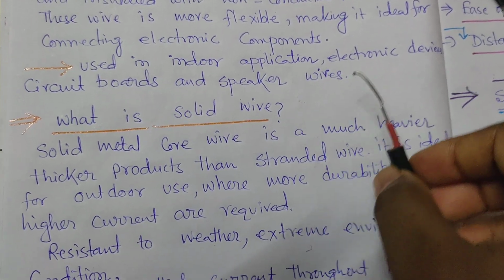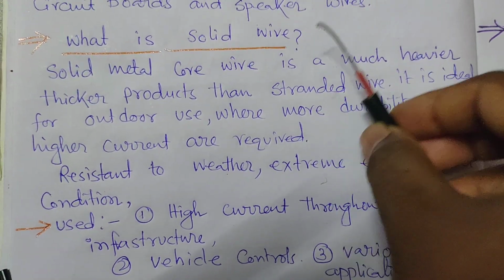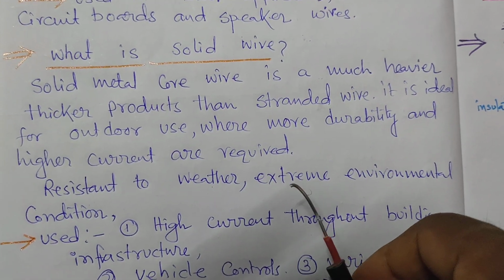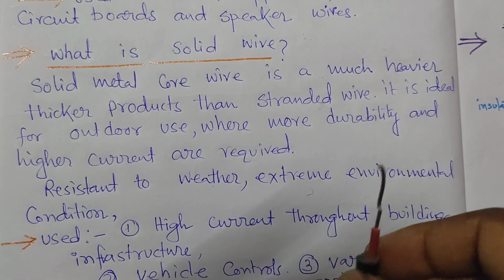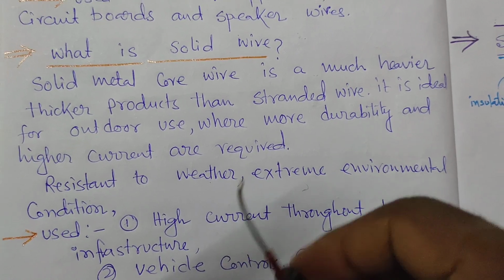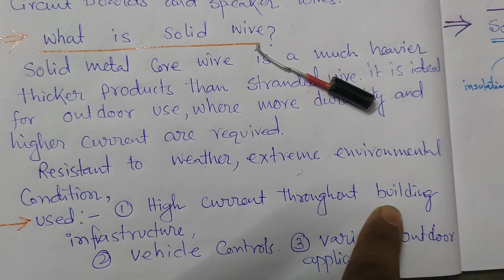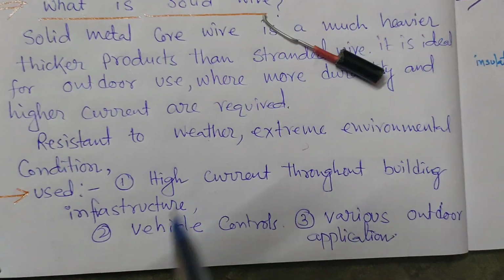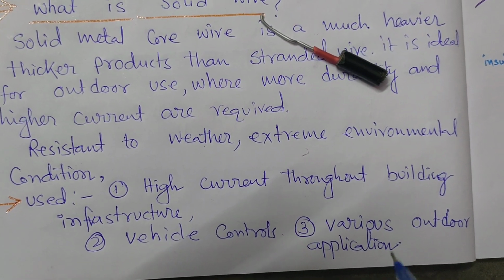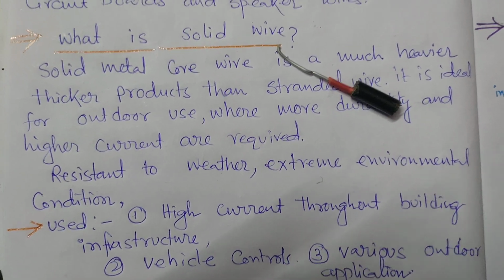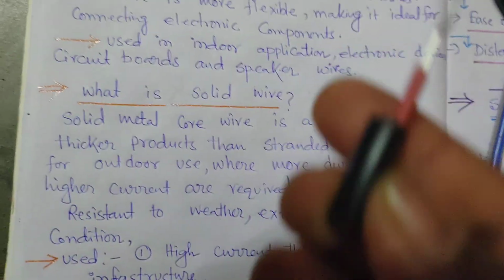These conductors have resistance to weather and extreme environmental conditions, and are used for high current throughout building infrastructure, vehicle controls, and various outdoor applications. These types of conductors are used in different areas.